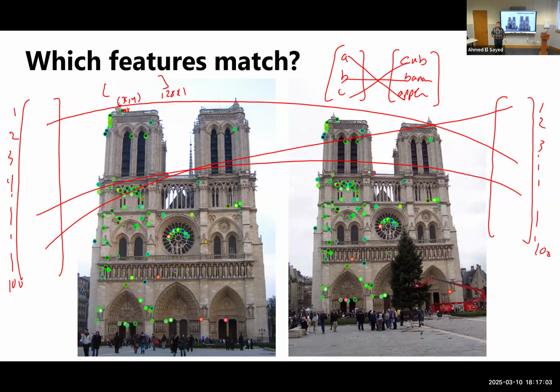That's exactly what you want to do: which feature here corresponds to which feature there? Okay, how can we do that?